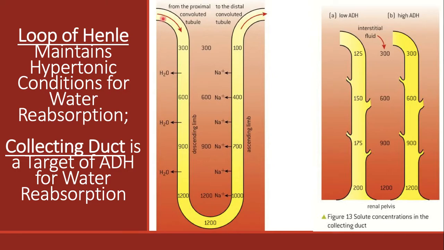And then, because of these concentration gradients, water is going to come out because water is going to be attracted to those salty areas, and that's going to cause the urine to get more concentrated as it goes down the loop of Henle, which is why it's changing in color from a light yellow, dilute urine, to a dark yellow, which is concentrated urine.